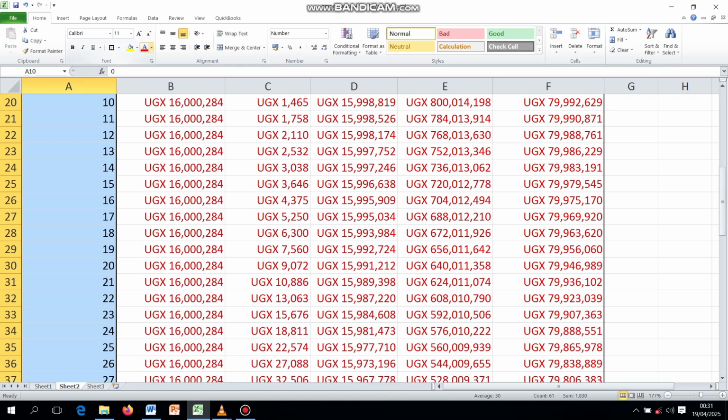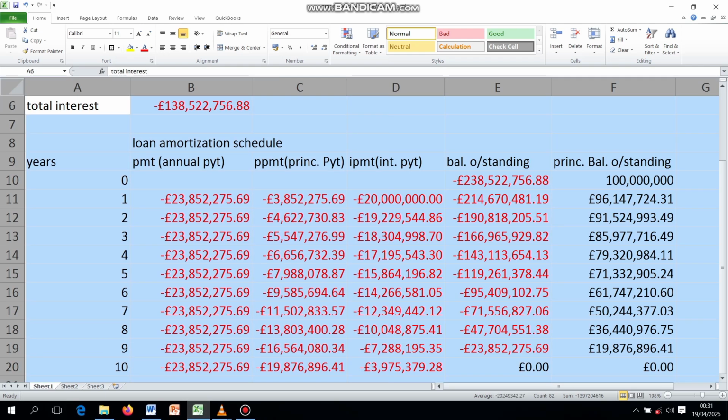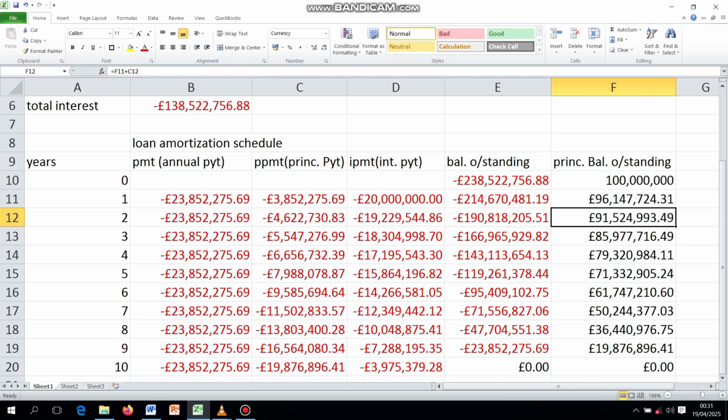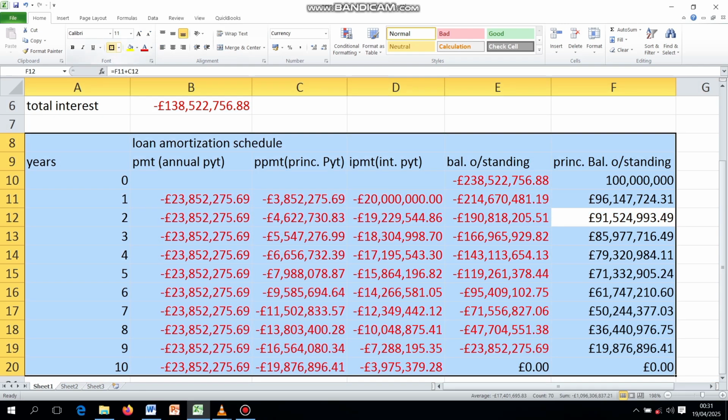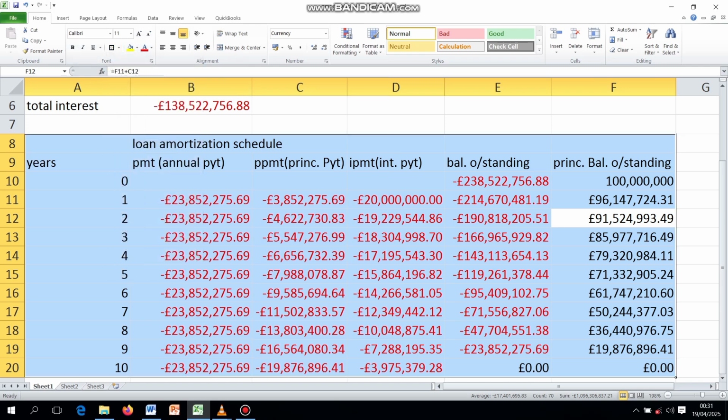So after, also make them red. So that one is done. Then I'll go to the first one. I'll go to the first page I did. I also did the same. I'll put this. I'll come here, I apply the border. After applying the border, then I will come to format cells.